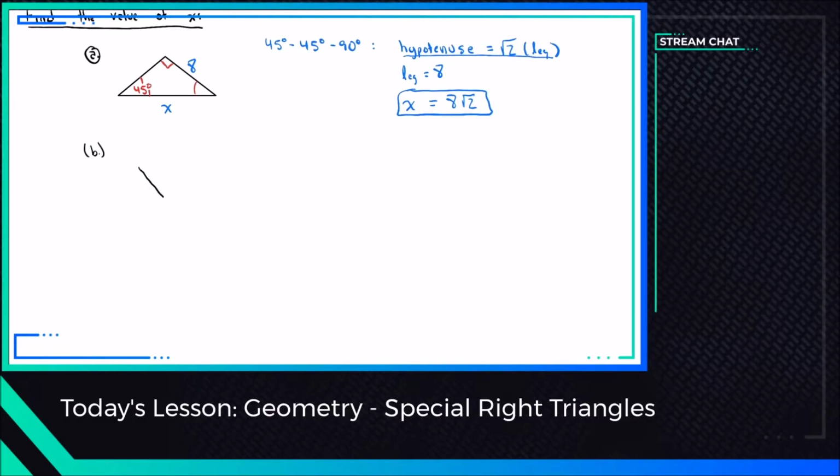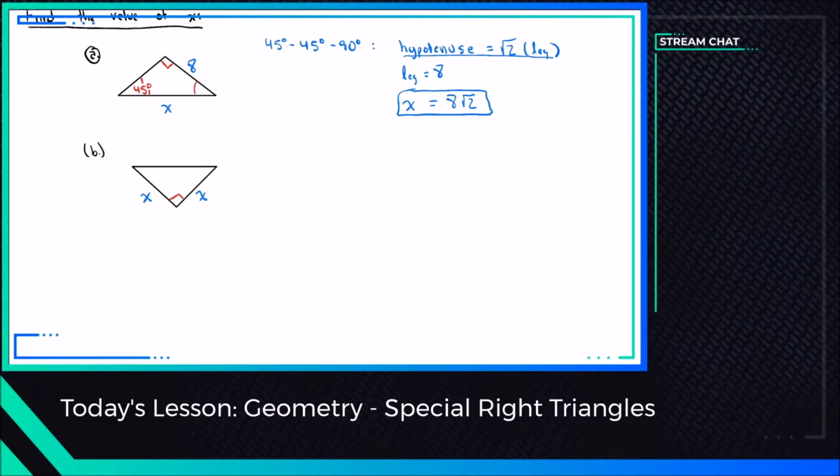Draw my right isosceles triangle back in there. Close enough. We're going to signify that as a 45, 45, 90 because we know that each one of these legs is equal to a length of x.